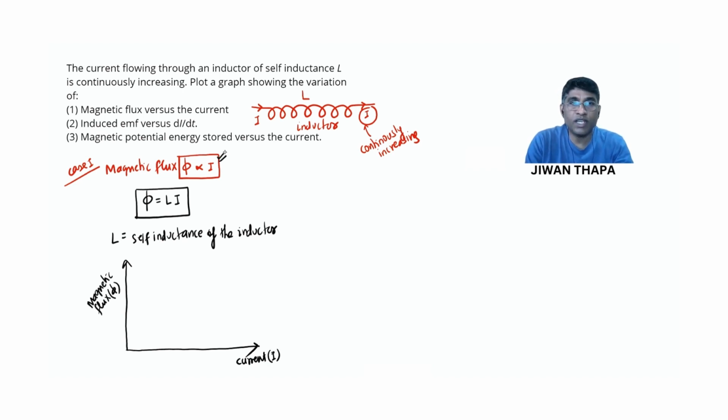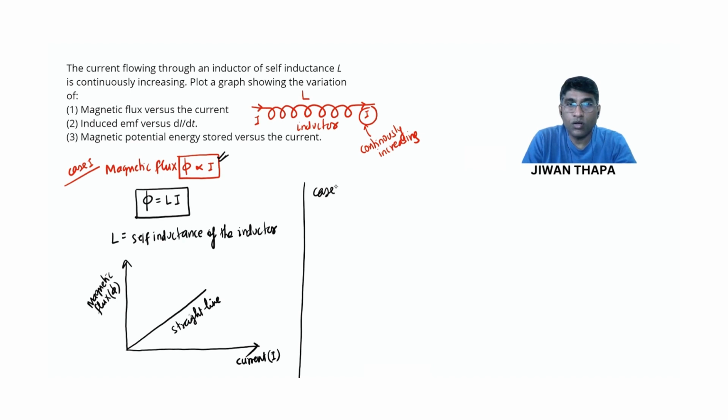From this relation, as I said earlier, magnetic flux is directly proportional to current. Therefore, the plot is a straight line. Clear? The graph between magnetic flux and current is a straight line.